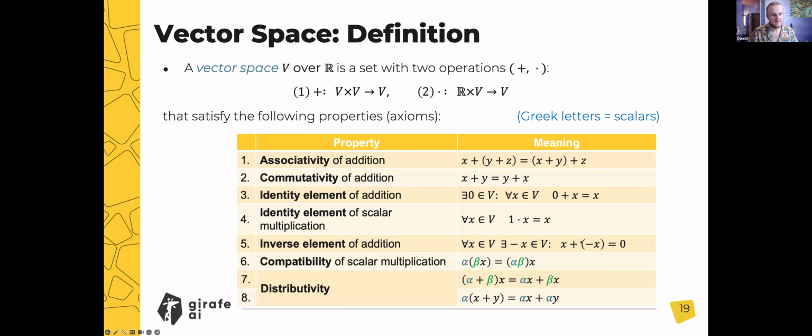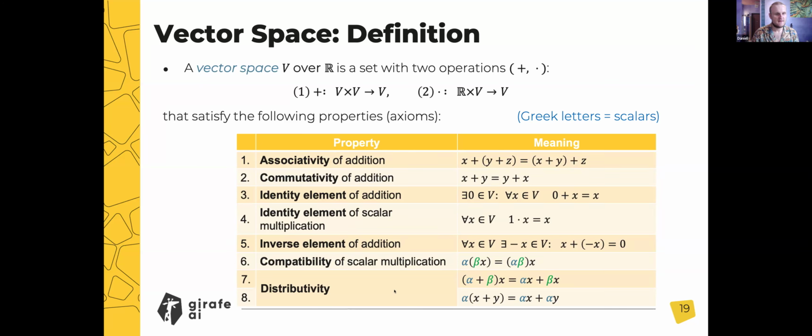It has inverse elements for addition, like with integers, right? If we take any integer, for example 5, there is an inverse element, minus 5. If we add them together, we get 0, which is the identity or neutral element. And we can distribute just like we do with numbers, right?